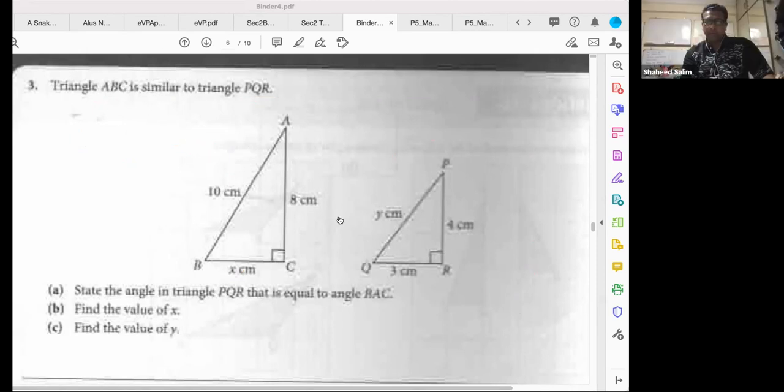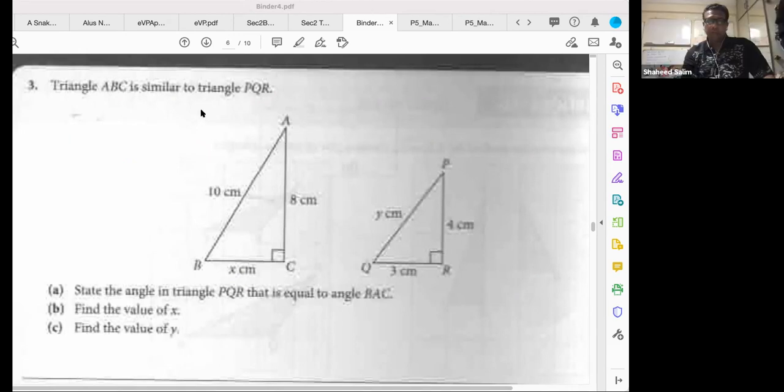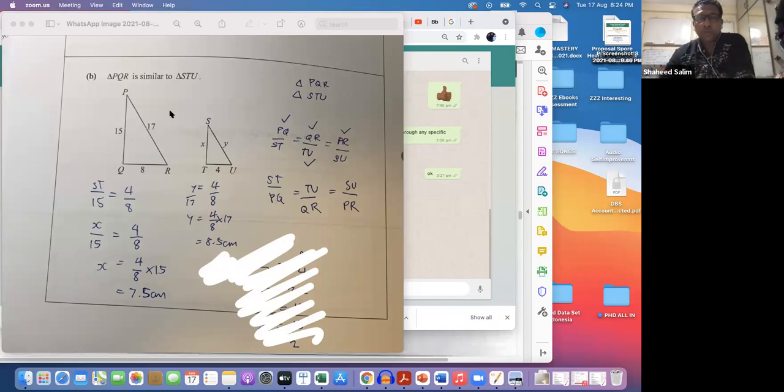Okay, you've just sent a photo. Now I'm going to share this one. So what this is actually is the ratio. PQ over ST. This is a ratio.